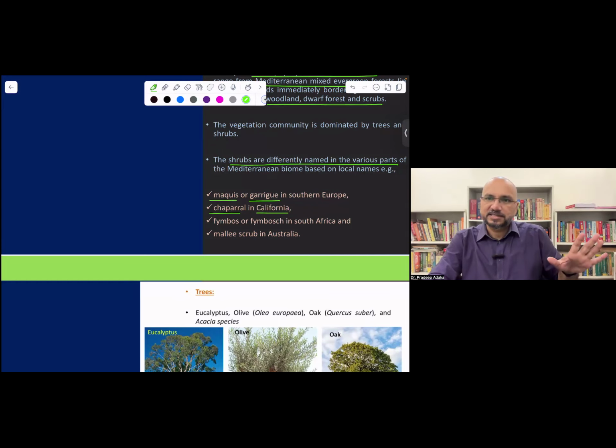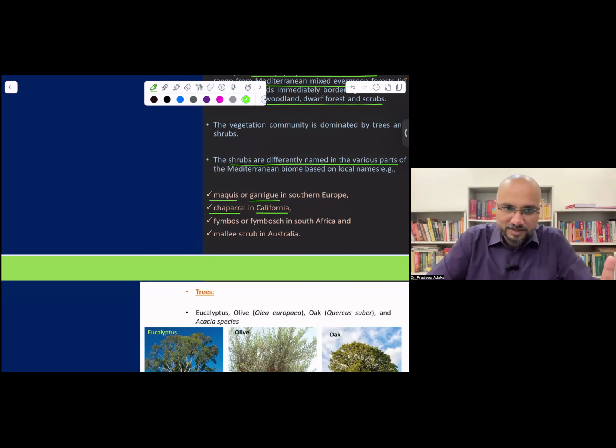It is attached to Mexico, so it has a border with Mexico. Spanish language. Chaparro is a Spanish term, right? Chaparro is the Spanish term. So chaparral, the shrub in California, we call it chaparral. Right. Maquis and garrigue, it comes from southern Europe.